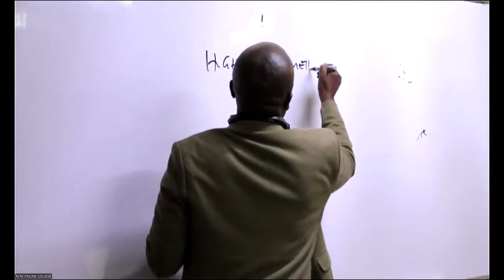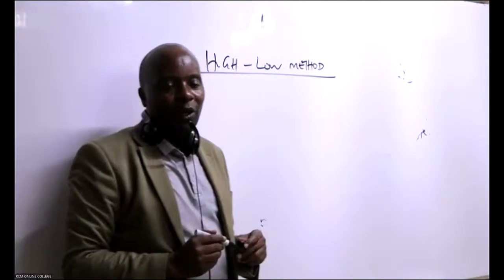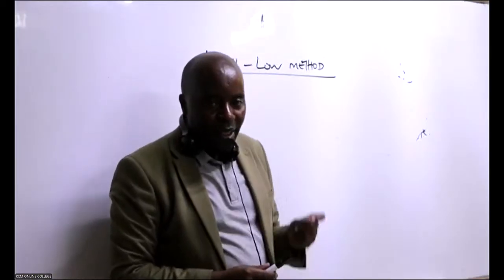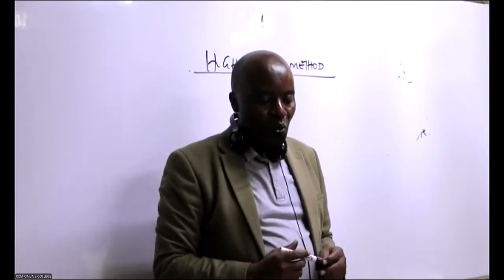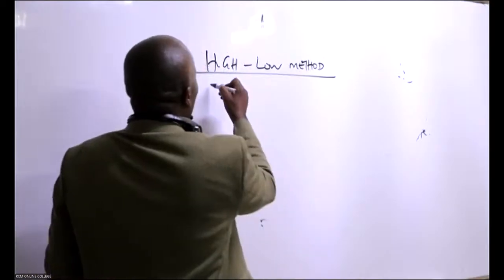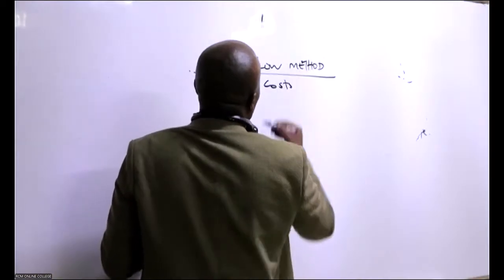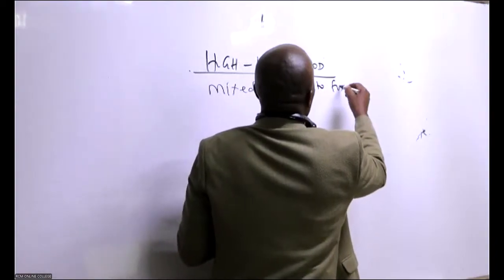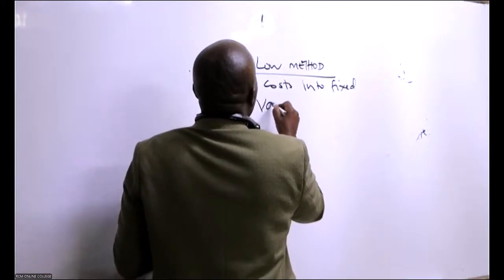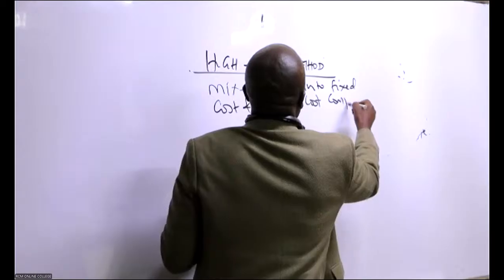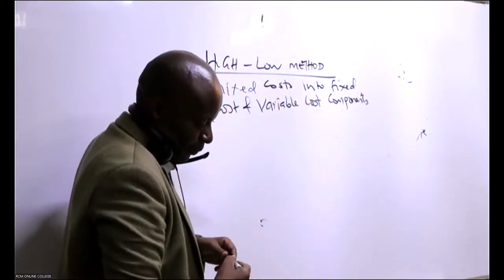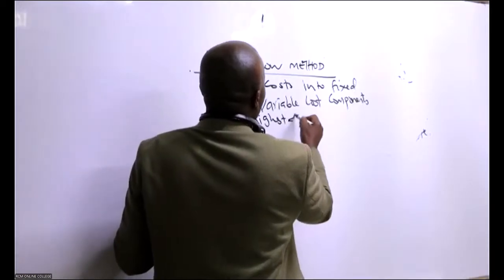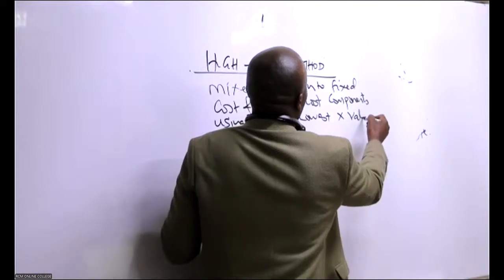High-low method. This is a simple technique that is used to separate mixed costs into fixed cost and variable cost components using the highest and lowest x values.